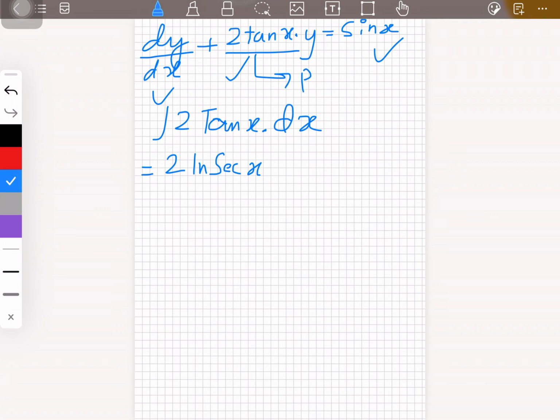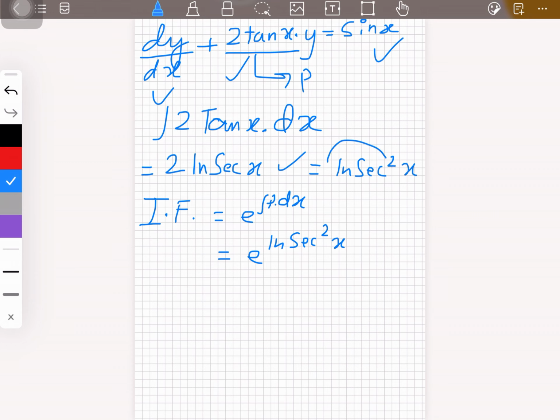So yes, this is the integrated form, and now we have to find the integrating factor, which is e to the power integration of P. So that is equal to e to the power ln sec square x. I just used one of the properties of logarithms over here. The power can come outside and it will become like this.